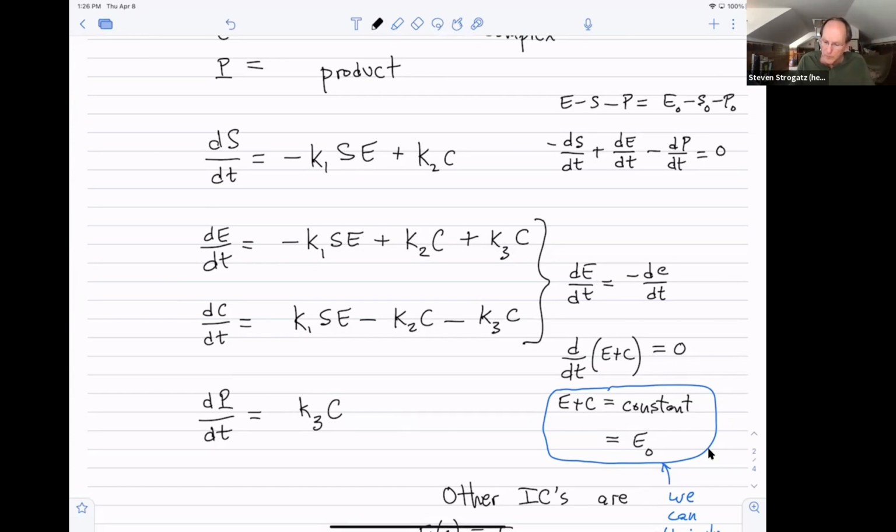Okay, so that's another conservation law, I think, unless I did something wrong. Does that look okay? We won't be making any use of that one. Is that tantamount to conservation of mass?